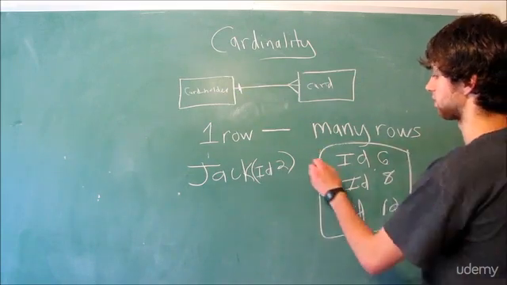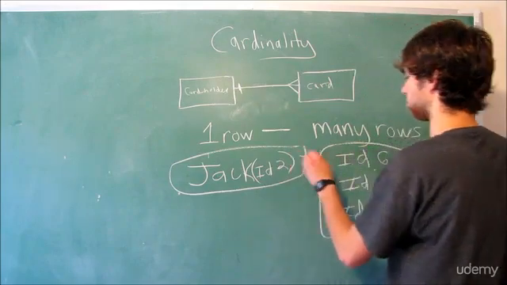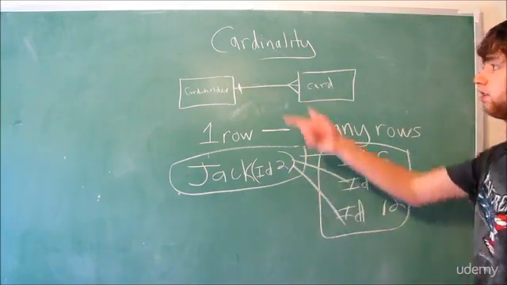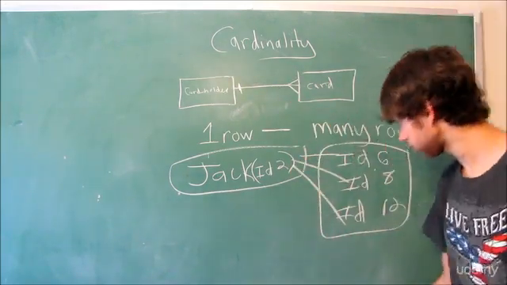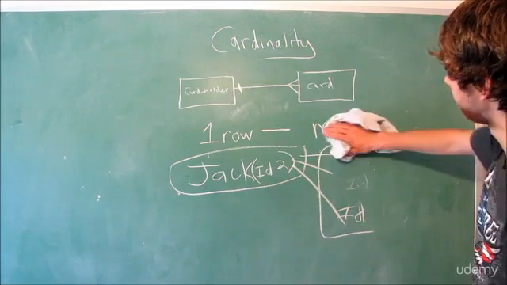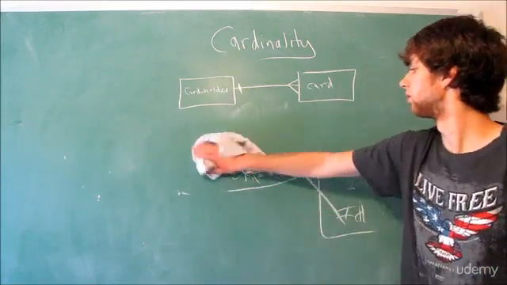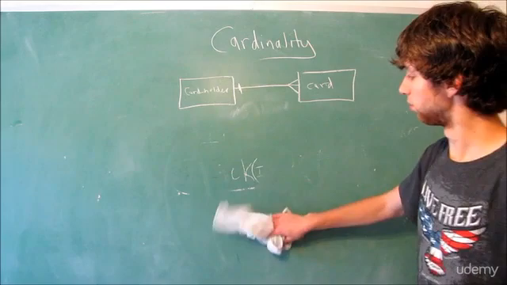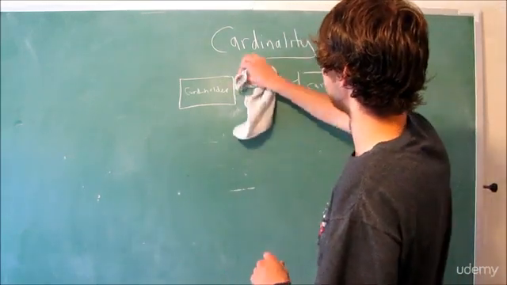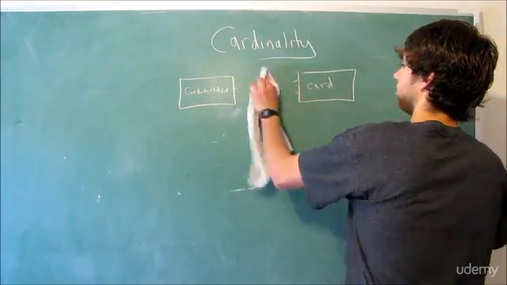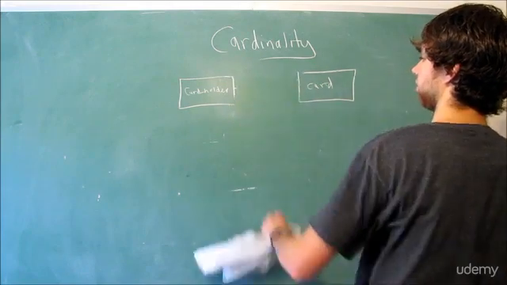So all of these rows can be connected to an individual row within the card holder table. Now let's look at it the other way.